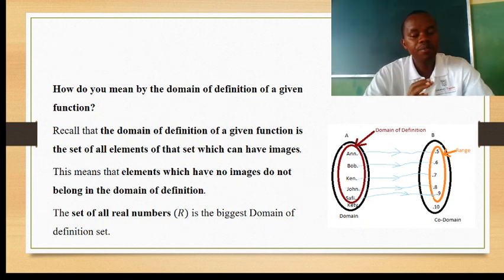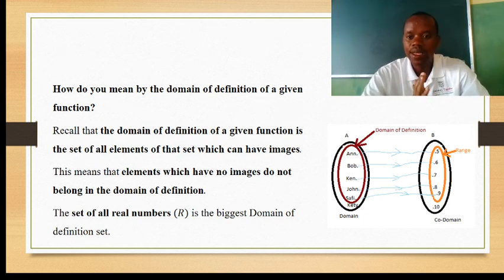Remember that the domain of definition is the set of all elements which can have images, and this means that the elements which do not belong in the domain of definition set do not have images, and the elements which have no images do not belong in the domain of definition.